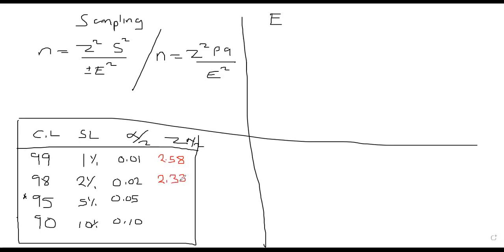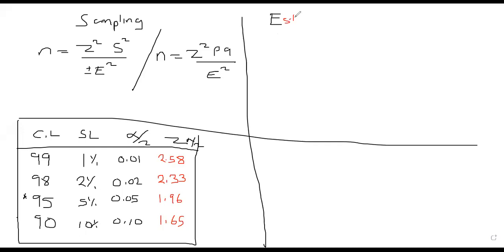The Z for 95, 1.96. And the Z for 90, 1.65. So this is how we get the Z figures. You need to memorize them for now.